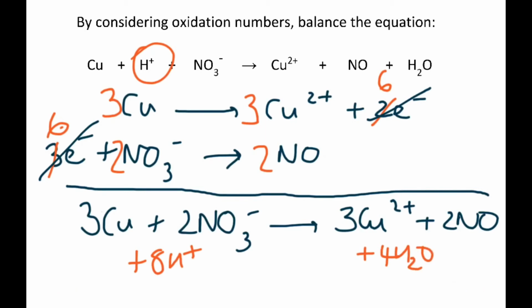Let's double check quickly. 3 Cu, 3 Cu, 8 H, 8 H, 2 N, 2 N, 6 oxygens, 6 oxygens. Total charge on the left is plus 6. Total charge on the right is also plus 6. And there you have your answer.